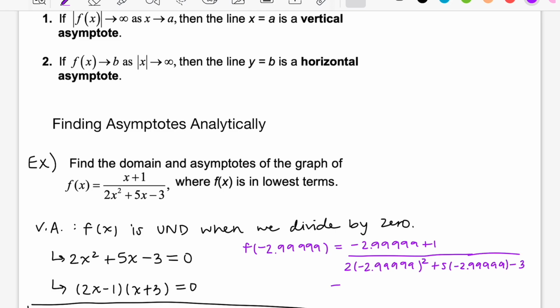Okay, and if we were to plug this into our calculator, we would get 28,571.37.